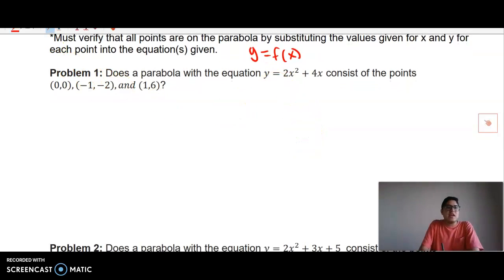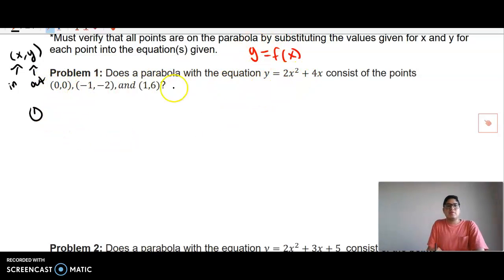So let's take a look at problem 1. And in problem 1, remember, I read coordinates x, comma, y. So this is my input, and then this should be my output when we are working with these functions. So here, f of 0 in theory should equal 0. If x is the input value, 0 should be the output value.